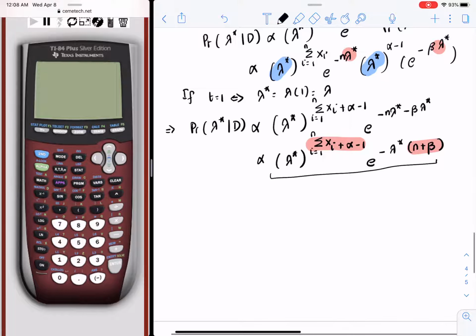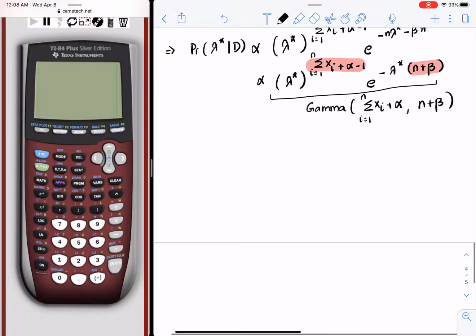So this pretty much is a gamma distribution. Here alpha would be the sum from i equals 1 to n of xi plus the prior value of alpha, and the new beta would be n plus beta. So our conclusion is the posterior distribution.